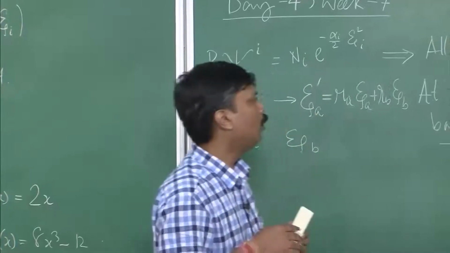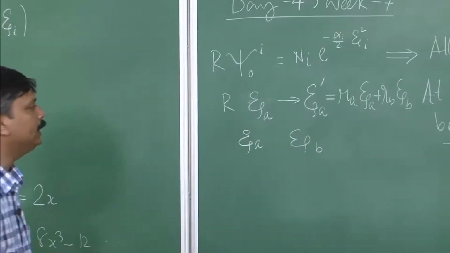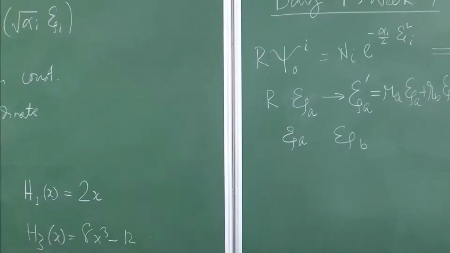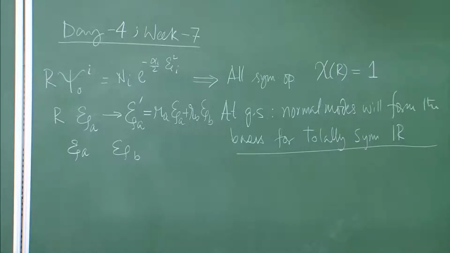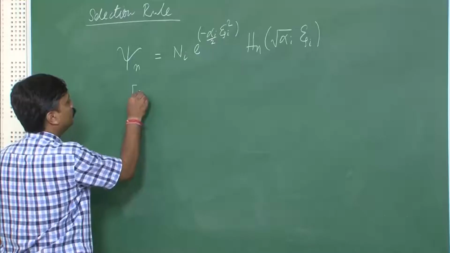Now, what will be the case of the excited state? We have talked about the ground state, that is, if I call it psi 0. Now, I am talking about the excited state.